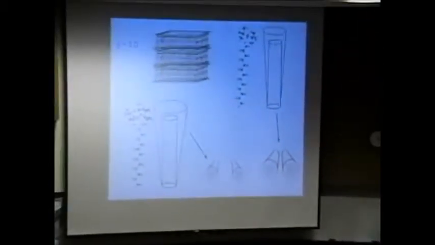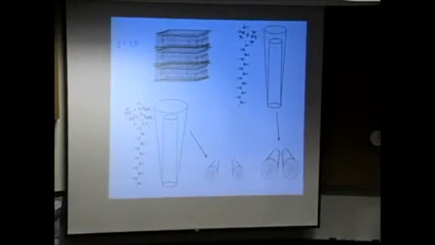Now, how do we explain the fact that you get wormhole structures with curvature out of a neat surfactant, which on its own has a packing parameter of 1?